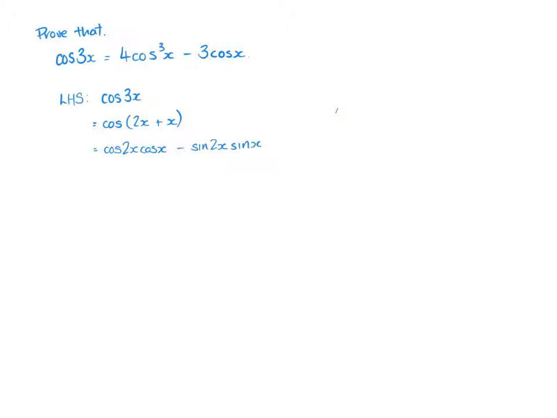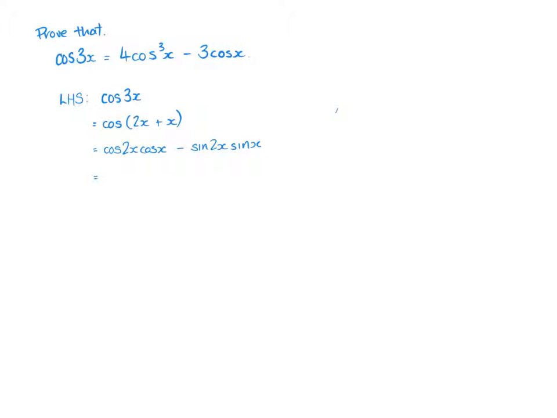So now we need to put in our cos of 2x. This is where choosing the correct one to use matters. What we're heading for has no sines in it at all, so we want to get rid of any sines. So we're not going to pick cos squared minus sine squared.